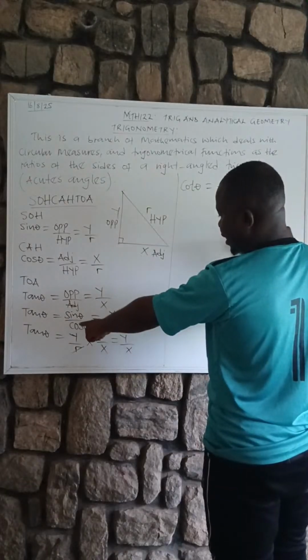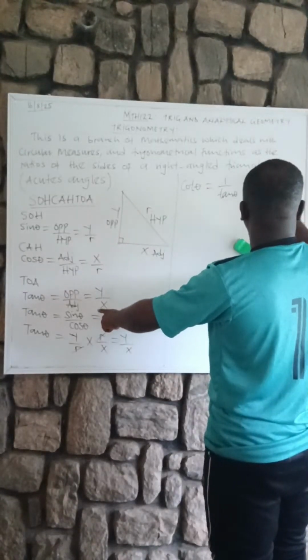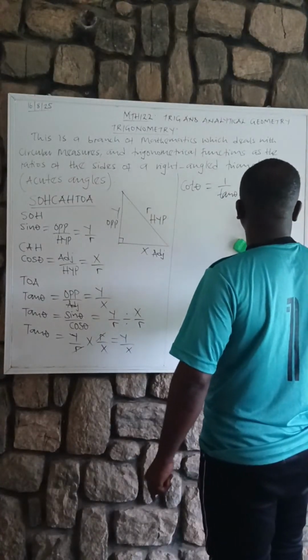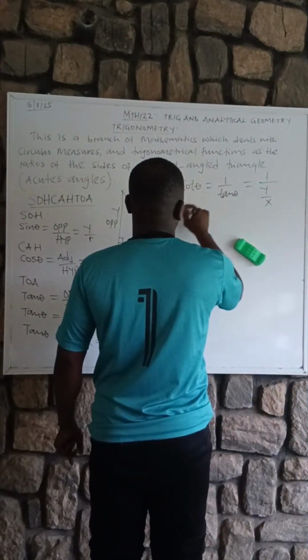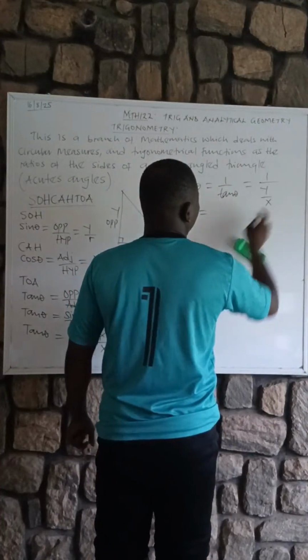Tan theta is y all over x. Then by the time we have cot theta, we turn it.